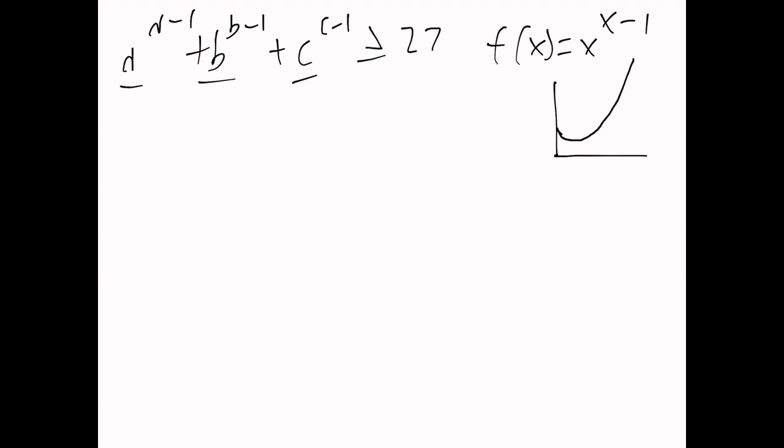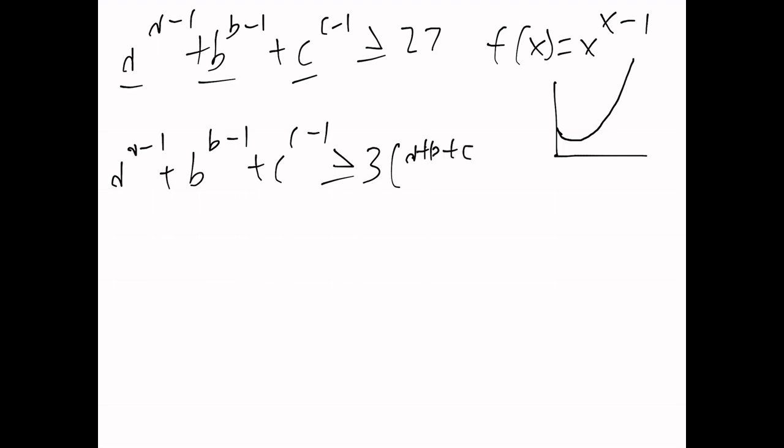So, using Jensen's, since we know this is convex, we know that a to the a minus 1 plus b to the b minus 1 plus c to the c minus 1 is greater than or equal to 3 times (a plus b plus c over 3) to the (a plus b plus c over 3 minus 1).